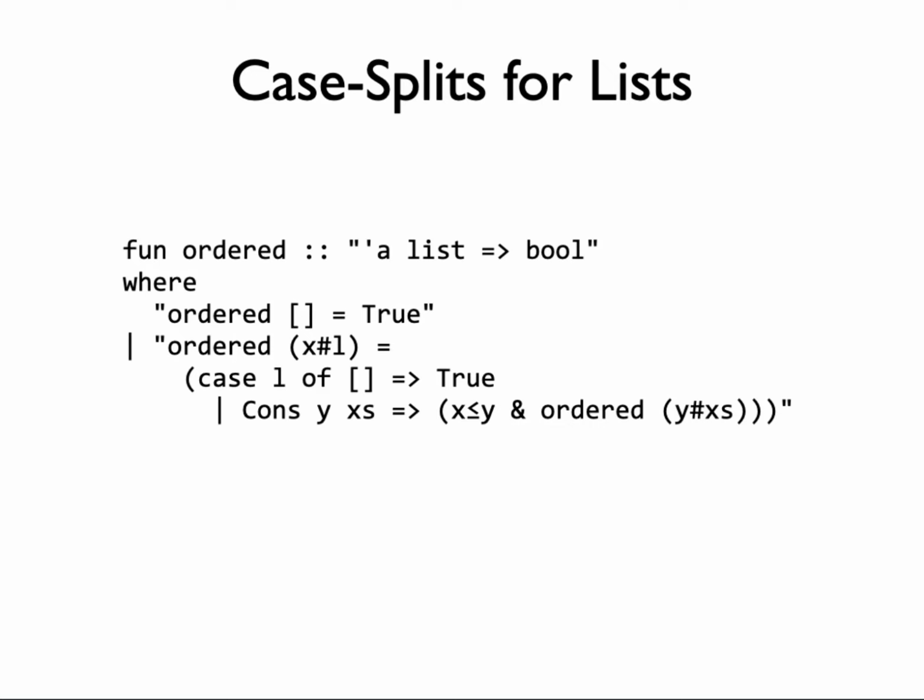So this is the same as the previous definition, except now when I have a non-empty list, I look at the tail, and if the tail is empty, we're done. If the tail is not empty, we have basically what we had in the previous version. Now, when you look at this, as I said, with case, the things have to be in the correct order. So first nil and then cons, because that's the order of the original data type.